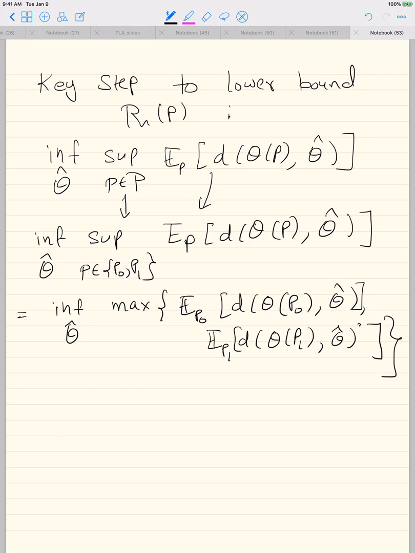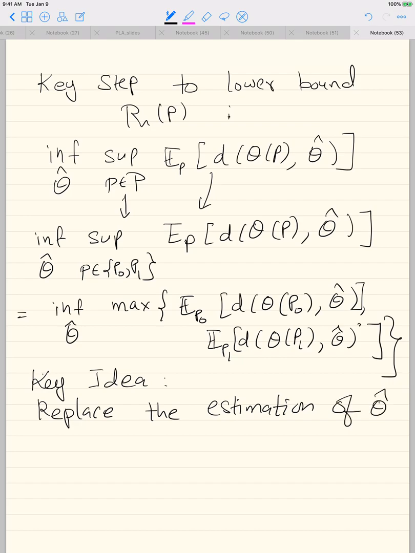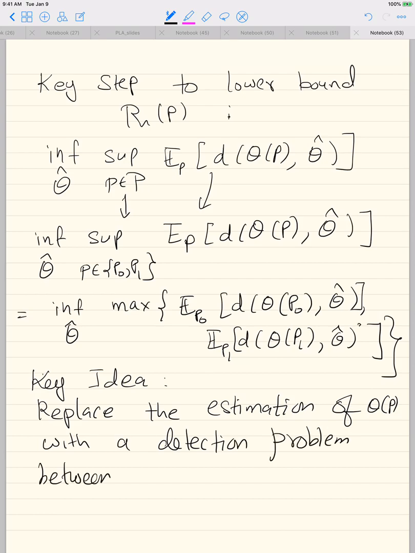So the key idea in Le Cam's method, and also in Fano's method, is to replace the estimation problem with a detection problem between P0 and P1.